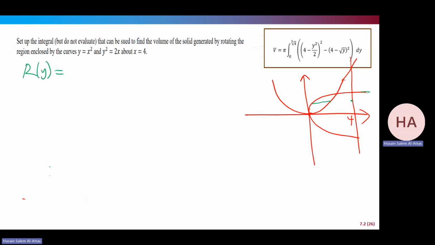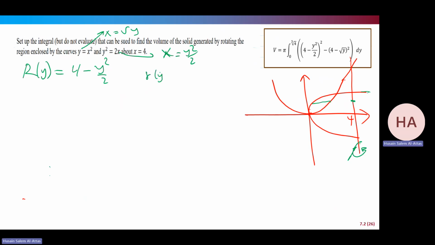So it will be 4 minus y squared over 2, as I did before: x equals square root of y, and here x equals y squared over 2. So this will be the outer, like I'm dealing with all of this up to here. This will be the outer radius, since this is my axis of revolution. So it will be 4 minus y squared over 2.